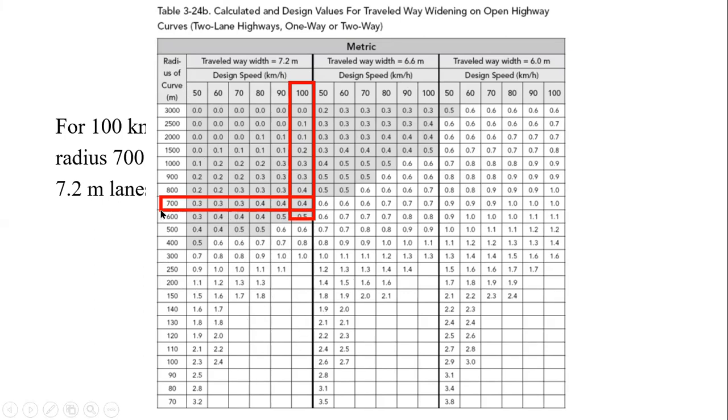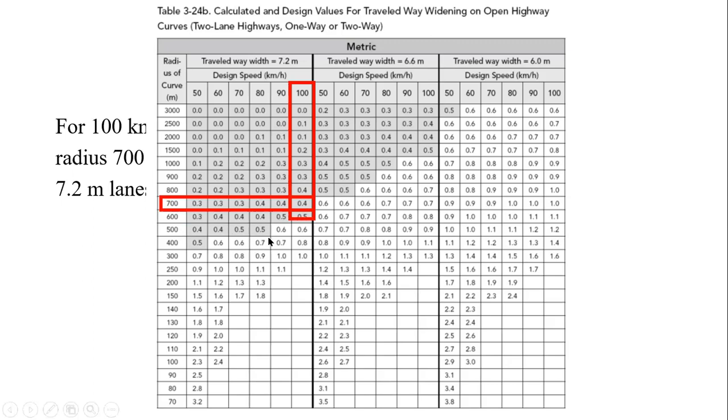Now, for our case, the value is 0.4 meter and it lies in the gray area, which would mean that widening is required, but if you have the leverage, you may or may not provide it, because providing a widening is not an easy job, and if you don't provide it, it may not have a significant effect on the movement of the vehicle. So this is where the gray area is.